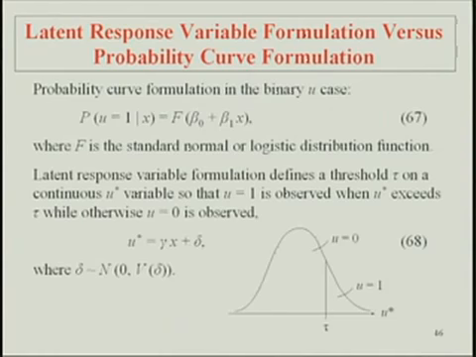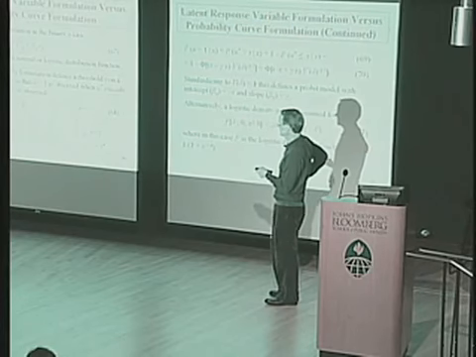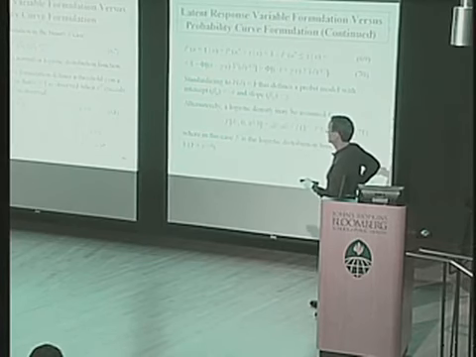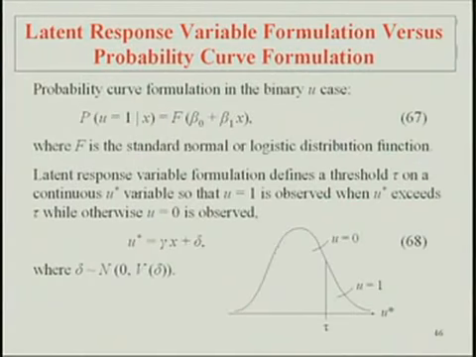And the advantage of that is not only in terms of the crude classification idea, but also that u star then gets a linear relationship to x. And here we've written that in equation 68, gamma being the regression coefficient and delta being the residual. And you can then assume that the residual either has a normal distribution or, as we will see later on, a logistic distribution.